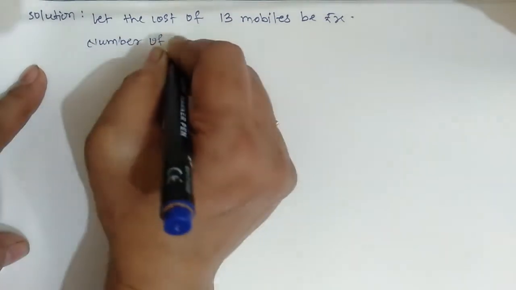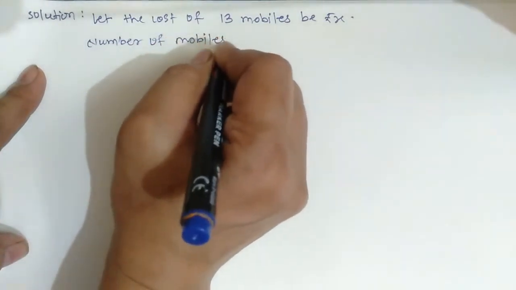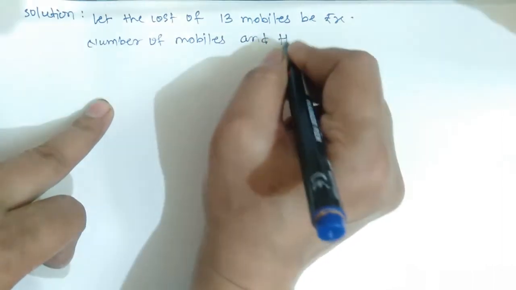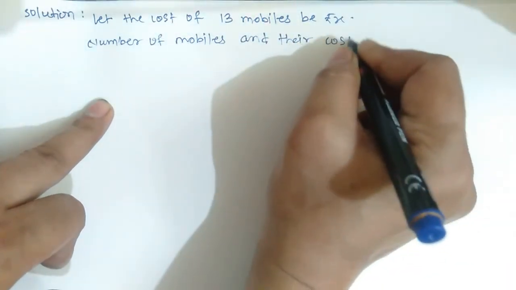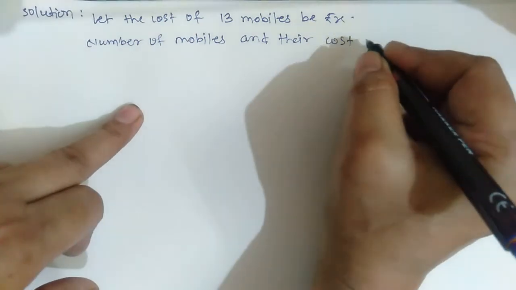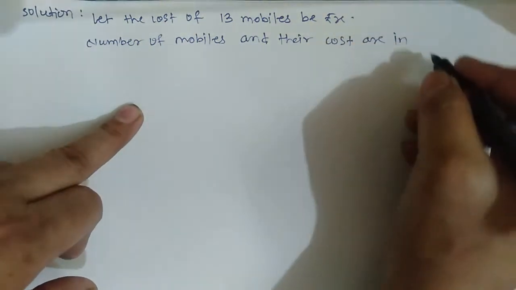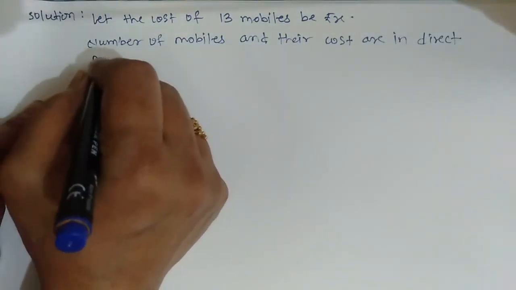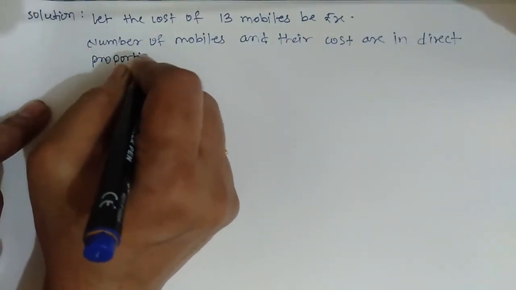number of mobiles and their cost are in direct proportion. Correct?